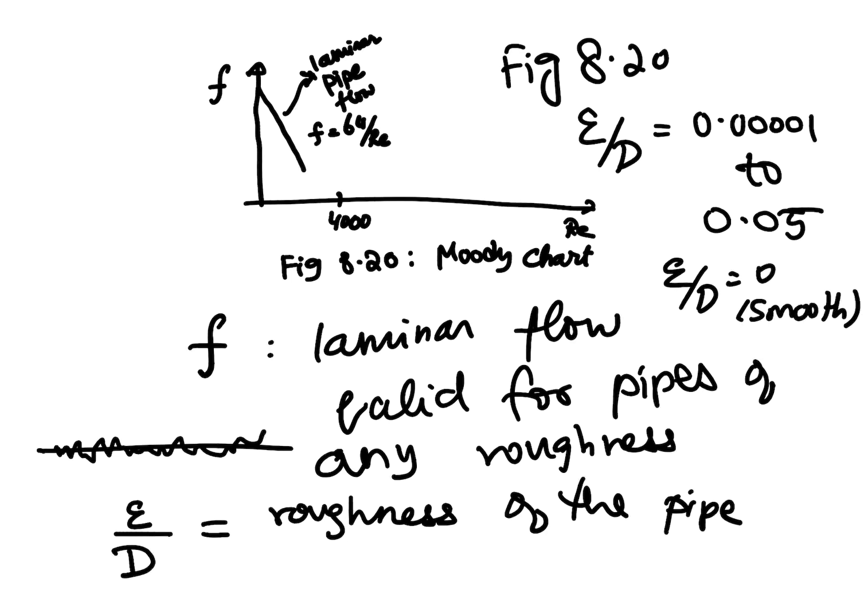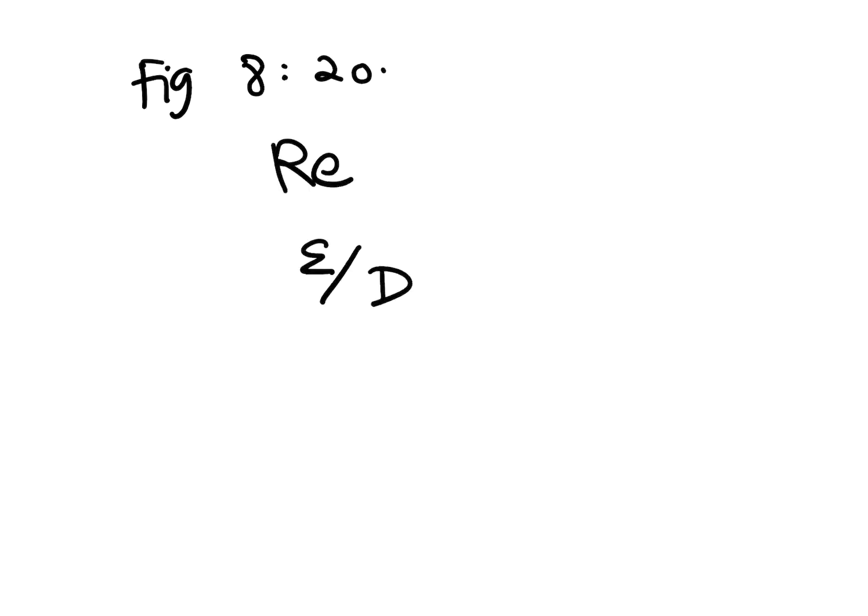Okay, and to read the Moody chart, figure 8.20, you will first need to know the Reynolds number. You'll need to know the relative roughness, and if you have these two, you can read F from that chart. Okay, and we'll see this through examples.